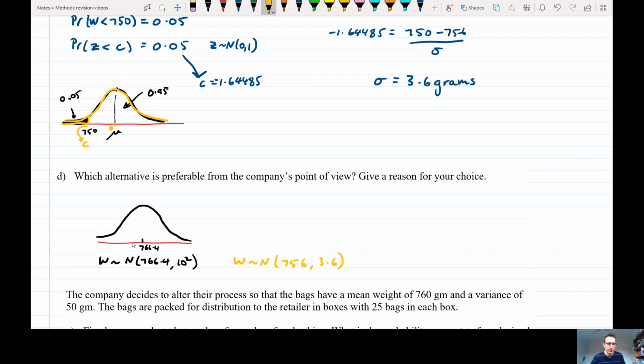Well, 756 is going to be about there-ish. And notice the standard deviation, so I should put the variance in here, 3.6 squared. The standard deviation is much less, which means the graph is squished. So it's going to start from a lower position, and it's going to go higher into a higher position, and then go, whoops, that's a terrible effort.